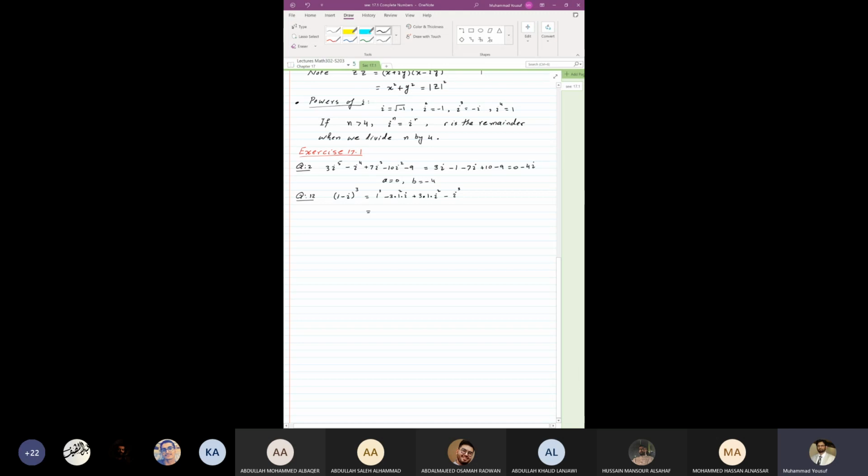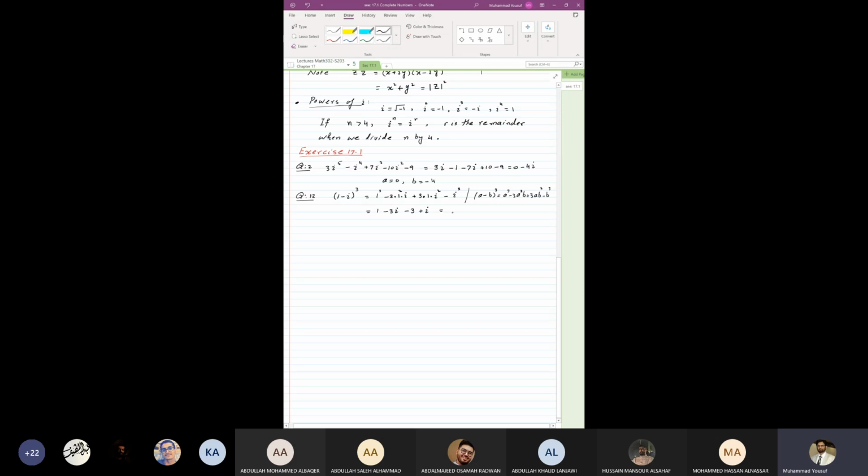Similar to a minus b cube. a minus b cube is equal to a cube minus 3 a square b plus 3 a b square minus b cube. So this is 1. 1 square is 1, so minus 3i, i square is minus 1, so minus 3 from here. i cube is a negative i, so plus i.